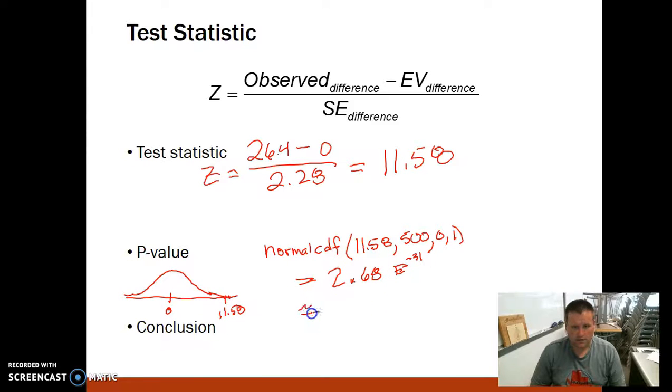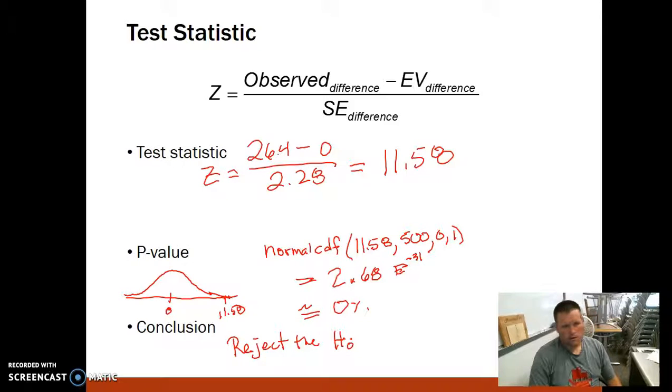So this is essentially 0. It's really, really close. And so this is less than 5%, so we're going to reject the null. Okay, that would be my conclusion.